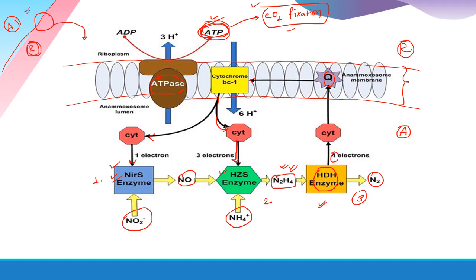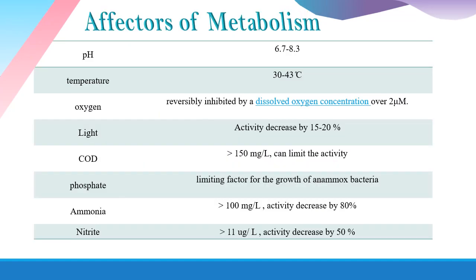dioxide. Okay. Now, if we see what the effectors of this Anammox metabolism are, the first effector is the pH. We have talked about the need for a neutral to near-alkaline pH. If this is hampered, some metabolic processes may get hampered. So the pH is one of the most important factors.